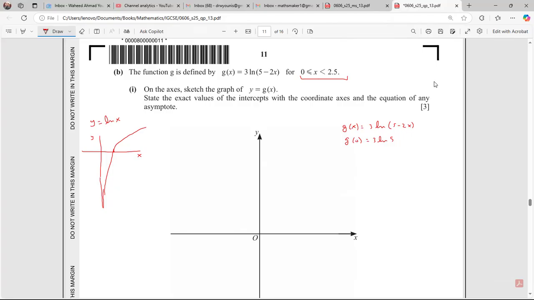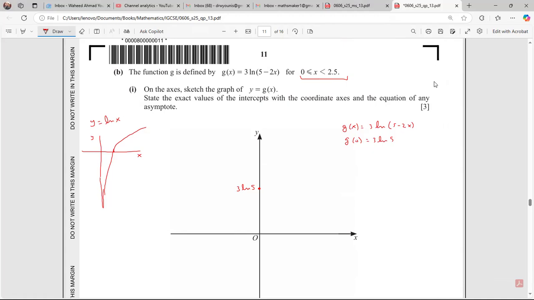So when x is 0, I'm somewhere here, which is 3 log 5. And when x is approximately 2.5, x is not equal to but less than 2.5. So when x is 2.5, it will become 0, and log of 0 is negative infinity, right?